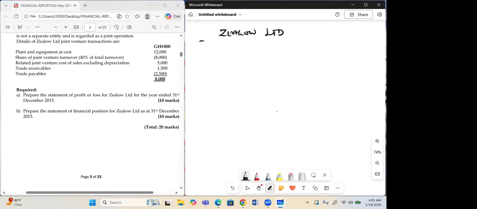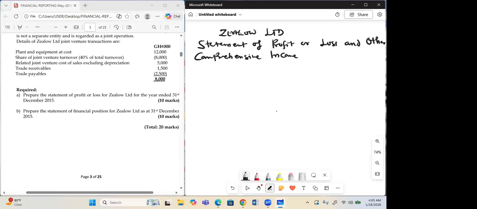So Zelo Limited, statement of profit or loss and other comprehensive income for the year ended 31st December 2015.